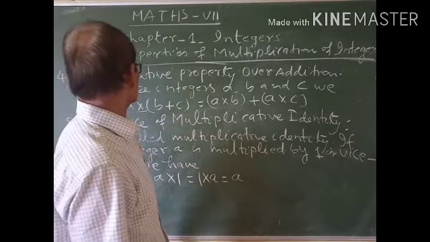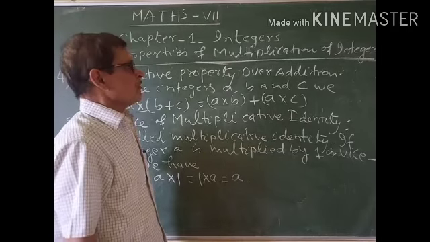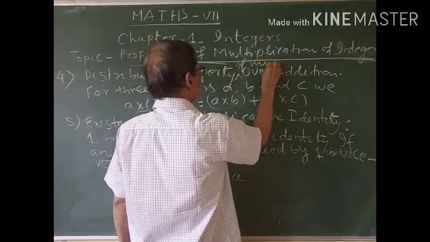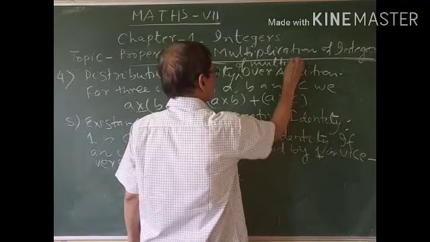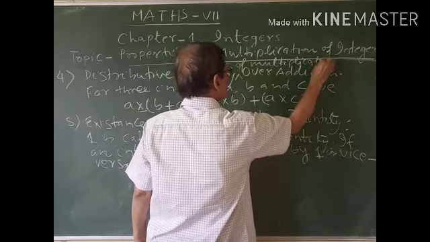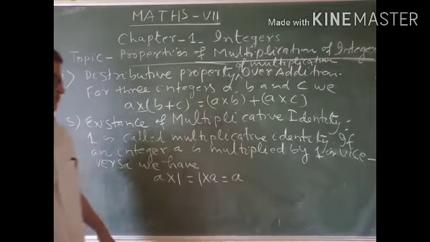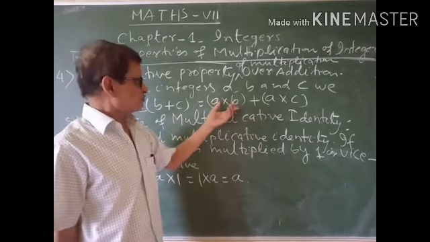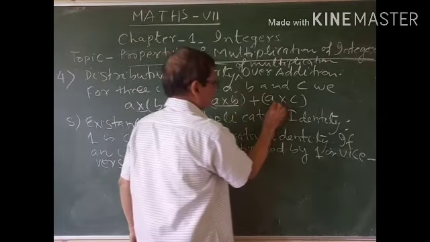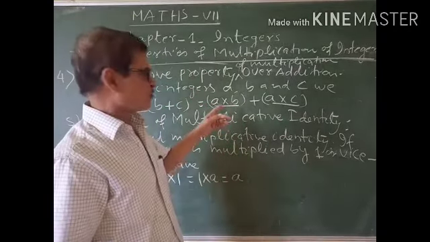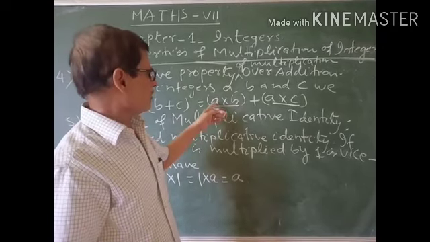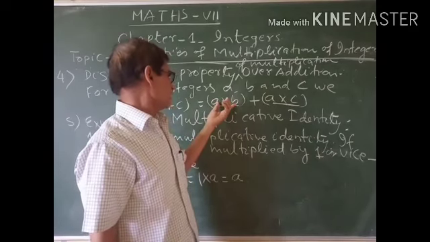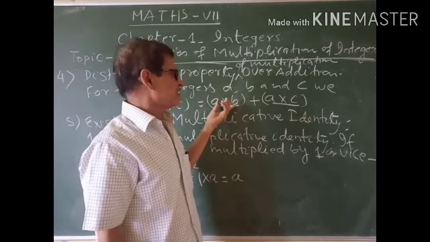Therefore, this property is called distributive property of multiplication over addition. And this is very important. This is also integer. In closure property we have already known that the product of two integers is an integer.